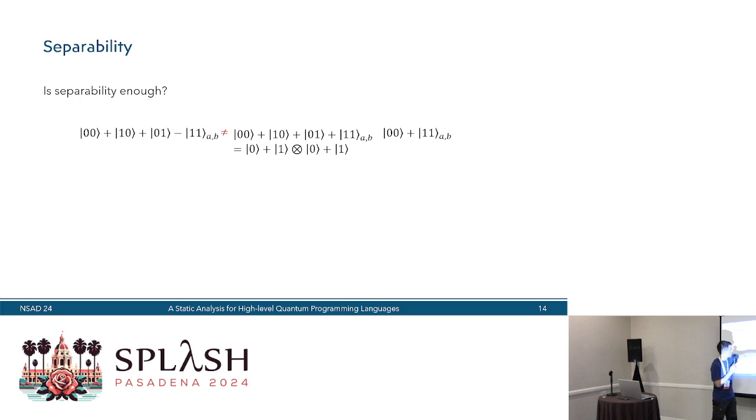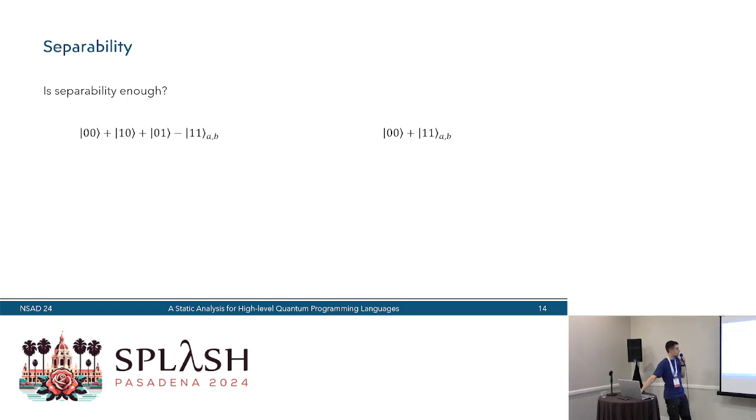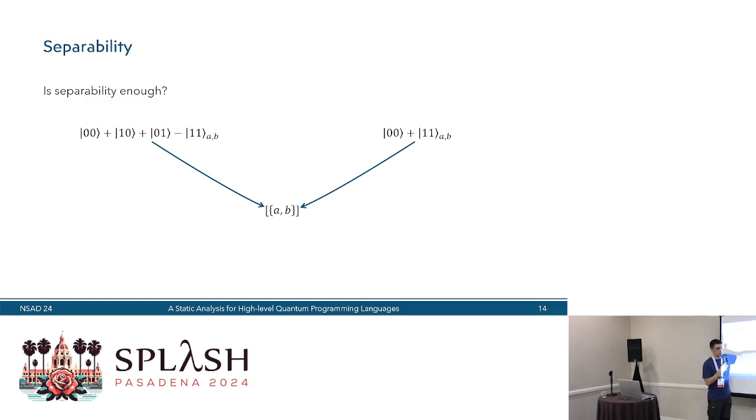In this case, we cannot write this state as a composition of two separate states, because there is a relative phase here, that is the minus sign, that doesn't allow us to break the state. So these two states are entangled, and from the separability point of view, they are the same state. Like in the abstract domain, they are the same state, since A and B are not separable.